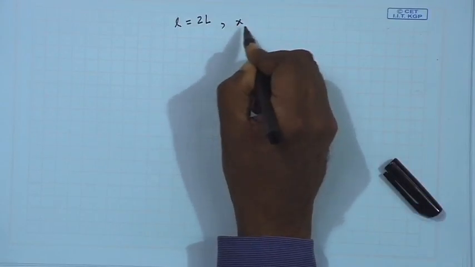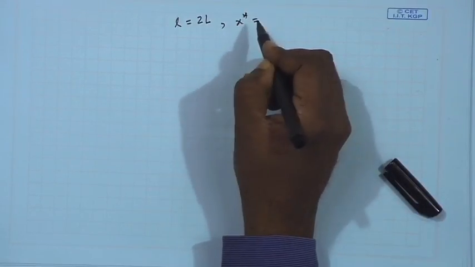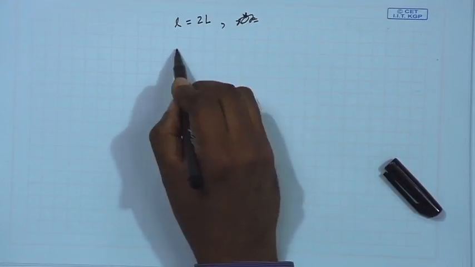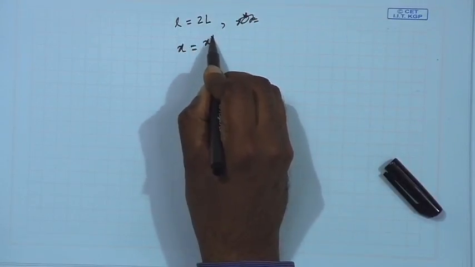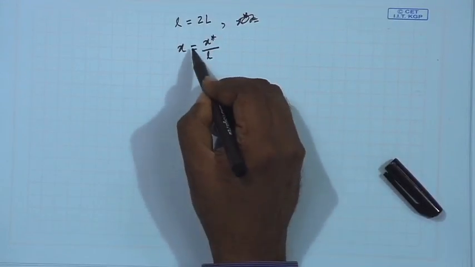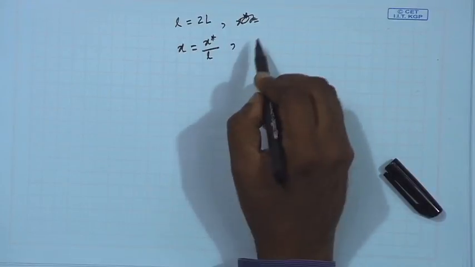So x equals x star by this L. This is the length scale, and this is a non-dimensional variable.